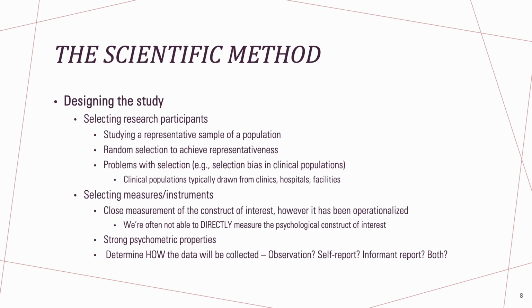But there are problems with selection. It's not always the case that you can randomly select. And there are many different reasons, whether it's practical reasons, whether it's feasible, and whether that's actually what your study of interest is about.